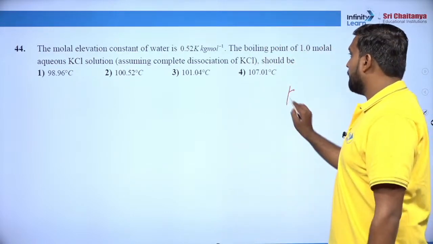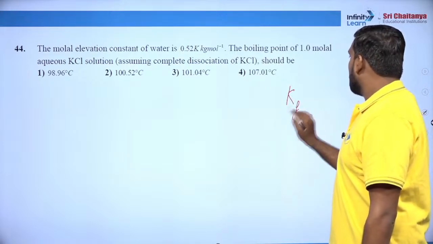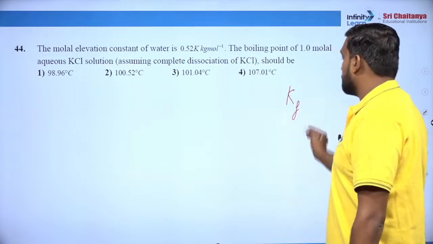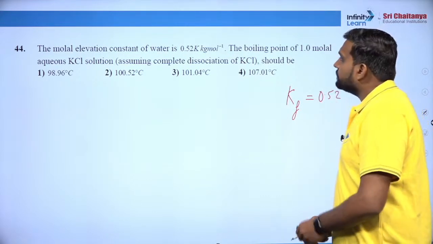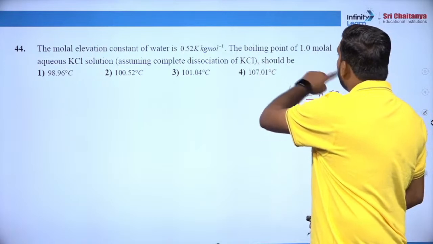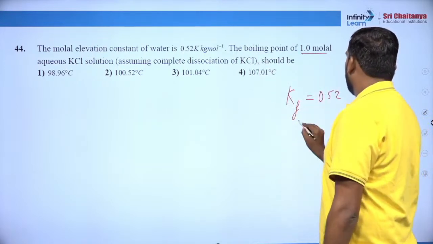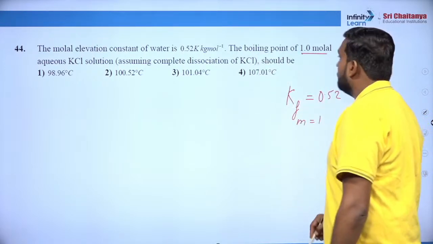Going to the next, the molal elevation constant. Kb of water is given to you as 0.52 K kg per mole. The boiling point of a 1 molal aqueous KCl solution is asked, assuming complete dissociation, so molality is also known to us, that is 1.